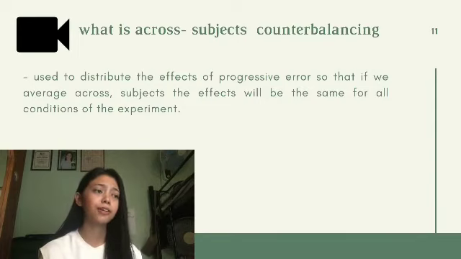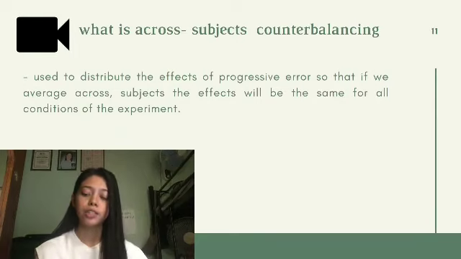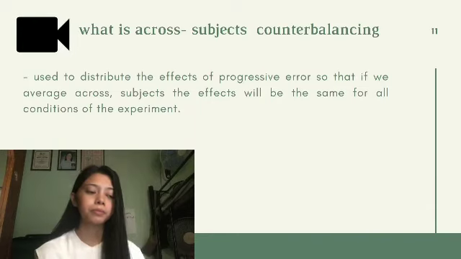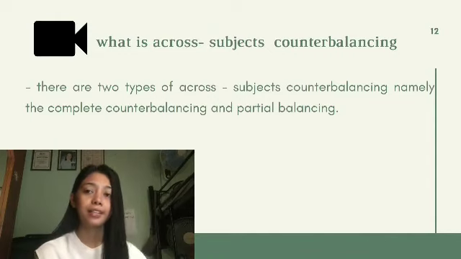It is a technique for controlling progressive error that pools all the subjects' data together to equalize the effects of progressive error for each condition. Take note that in across-subject counterbalancing, each subject receives a subset of conditions. Across-subject counterbalancing also consists of two types, complete counterbalancing and partial counterbalancing, which will be discussed by the next report.